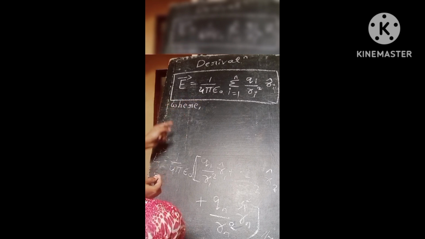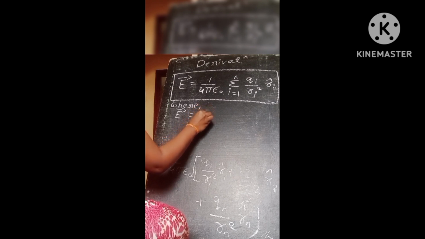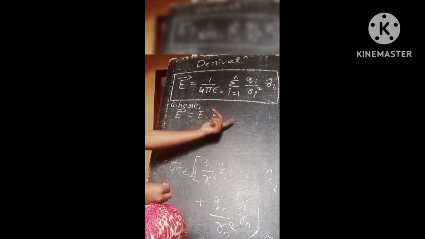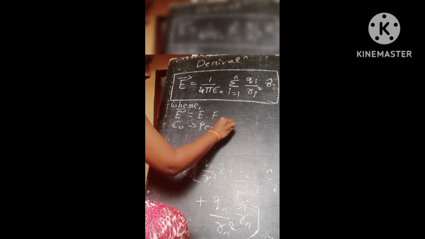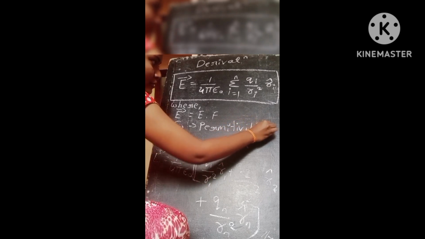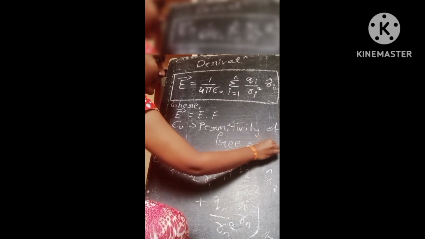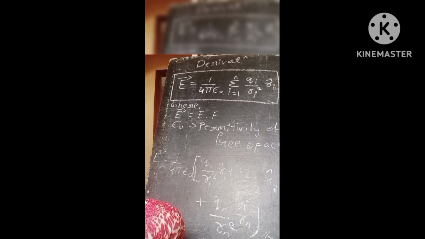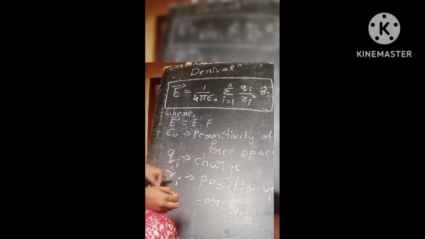At the end of every derivation in your exam, you have to write "where": where vector E is the electric field, epsilon naught is the permittivity of free space, Qi is the electric charge, or simply the charge, and ri cap is the position vector.